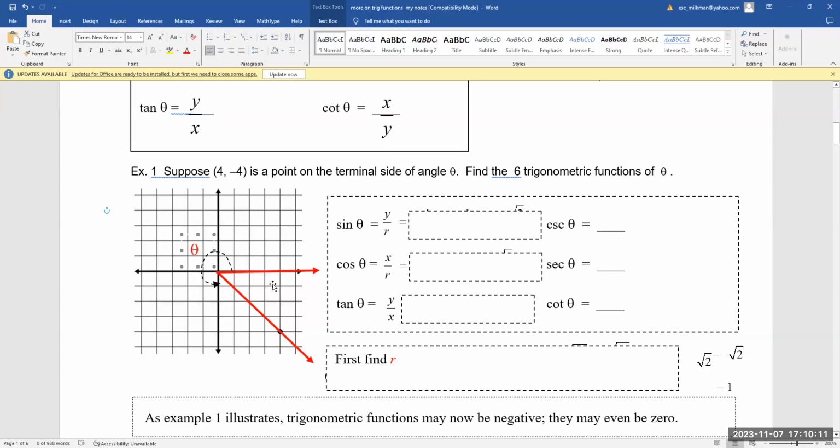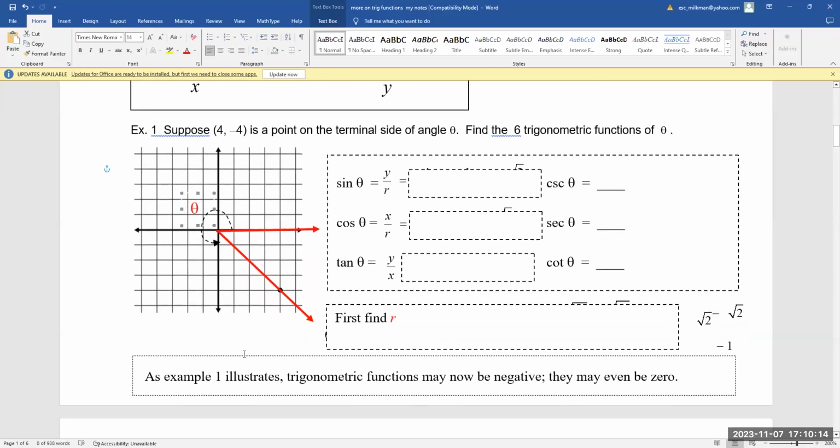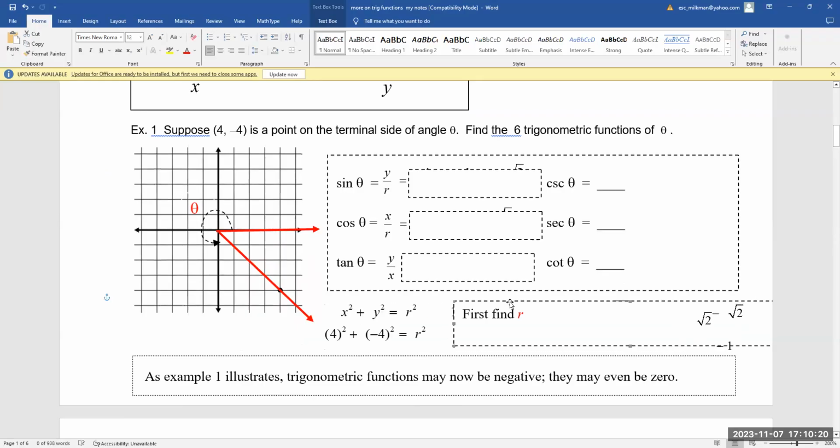So the sine of our angle theta, first of all, we had to find r. Using the equation of a circle rather than the distance formula, I'm going to take x squared plus y squared equals r squared, taking 4 squared and negative 4 squared equaling r squared. 4 squared is 16, and adding negative 4 squared, which is 16, 16 and 16 add up to 32.